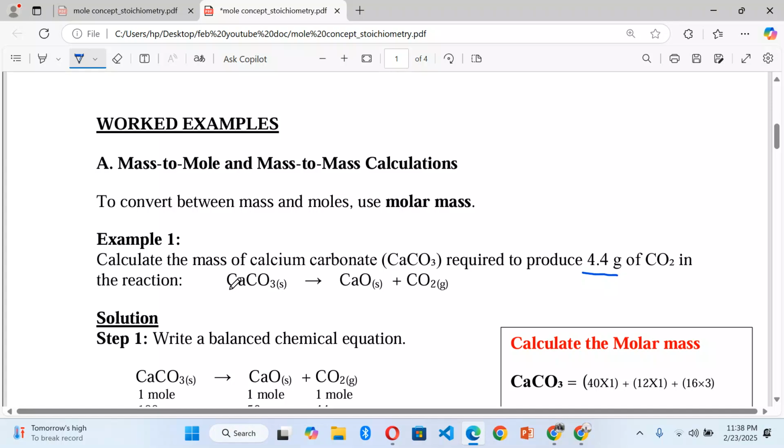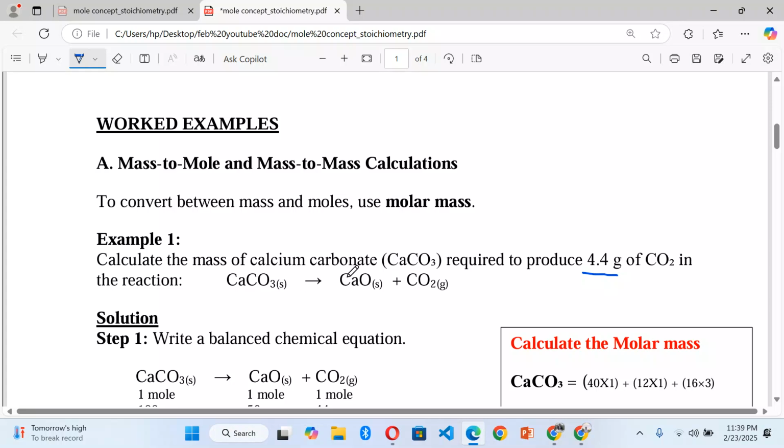We have this equation, calcium carbonate forming calcium oxide and carbon dioxide gas. Is this equation balanced? Let's look at it. On the left hand side we have one atom of calcium, and on the right hand side one atom of calcium. That is balanced. Then carbon, we have one atom on the left and one atom on the right, so that is balanced too. When we look at oxygen, it has a subscript 3, meaning there are 3 atoms of oxygen.